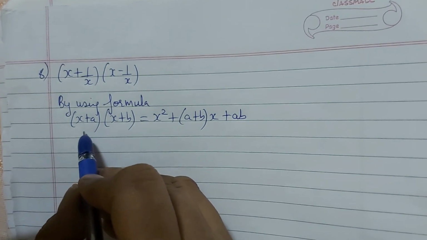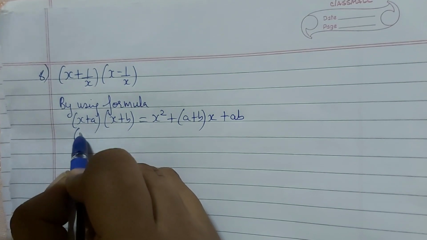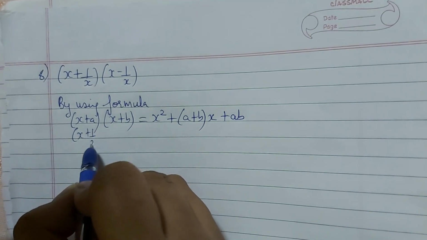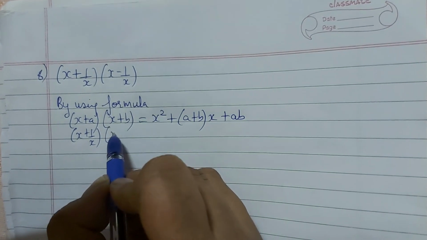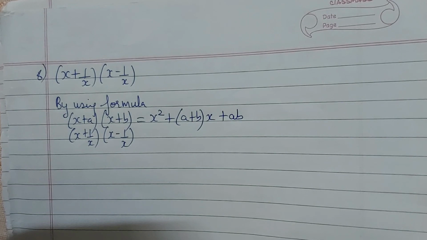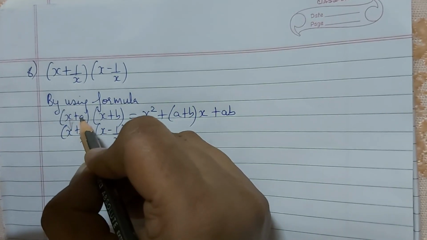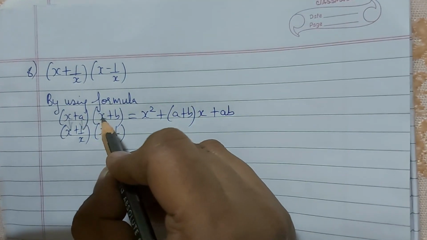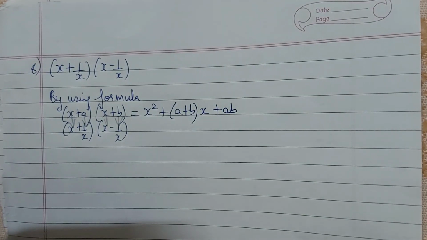Now x plus a is here, so in this bracket what will come? X plus 1 upon x. So we will put x plus 1 upon x. X minus 1 upon x, so we have to write over here x minus 1 upon x. Now we have to substitute their values. So x value is x, a's value is 1 upon x, x value is x, b's value is minus 1 upon x.